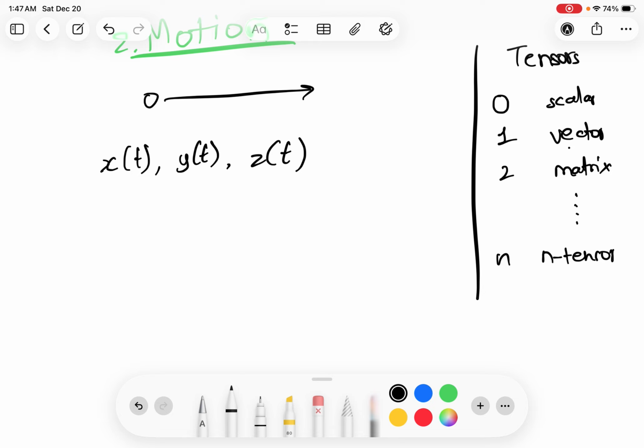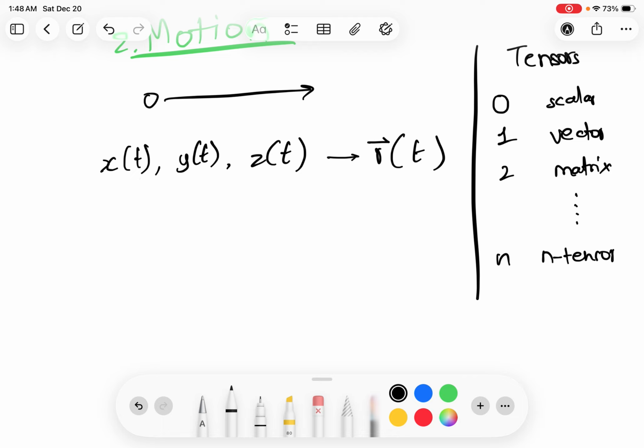So this entire thing you can call a vector, let's say R. This R vector, R bar, gives the coordinates x, y, z at time t.